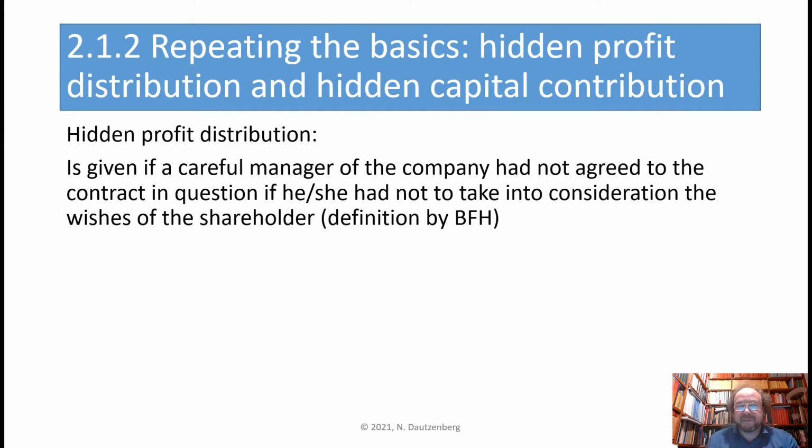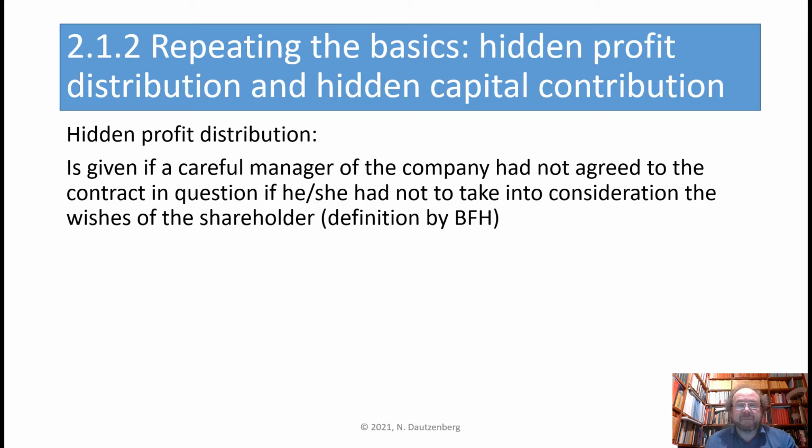Hidden profit distribution was nothing else than a situation where a careful and responsible manager of the company would not have agreed to the contract in question if there had not been the need to take into account the wishes of that shareholder in the background.